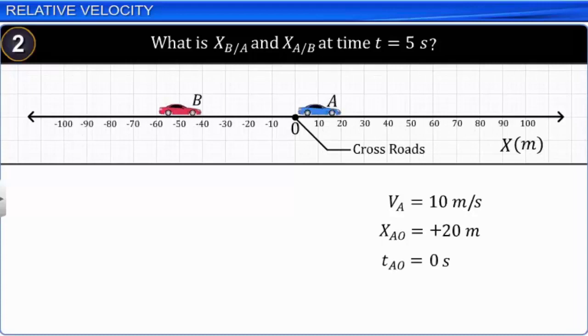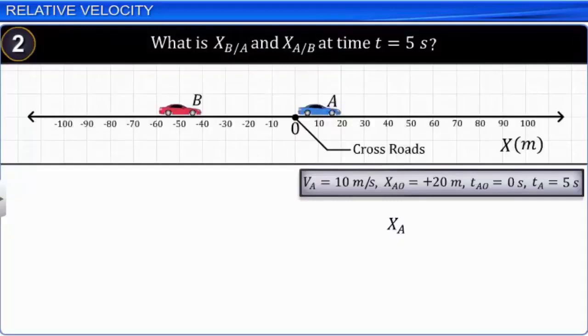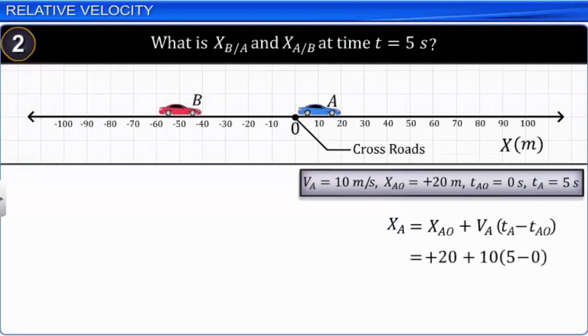We need to find xA. xA is equal to xA0 + vA(tA − tA0). On substituting and simplifying, we get xA equal to +70 meters.